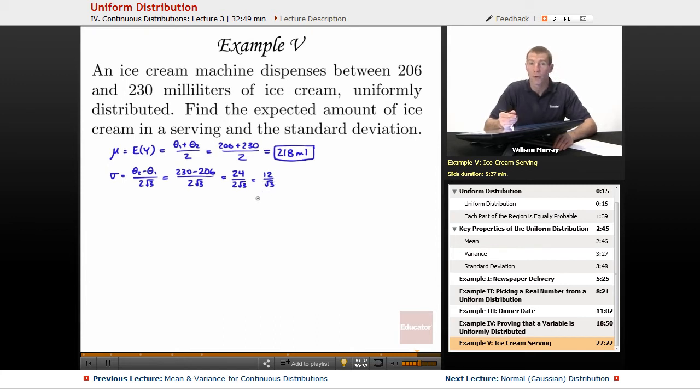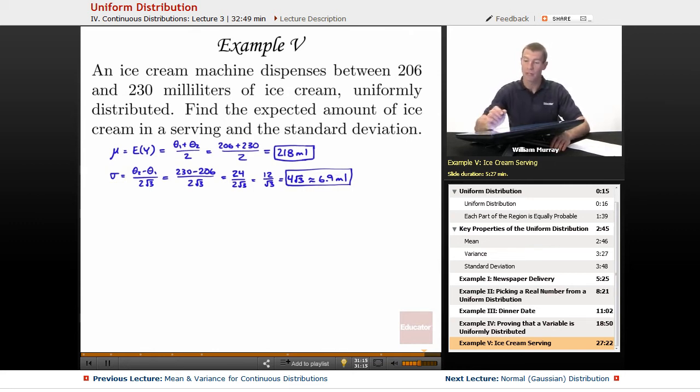And since 12 is 4 times 3, this just gives us 4 times the square root of 3, which I put into a calculator. It works out to be just a little bit less than 7 milliliters. It's about 6.9 milliliters. So if you fill up your bowl at this ice cream machine, you expect on average to get about 218 milliliters, and the standard deviation on that will be 6.9 milliliters, about 7 milliliters plus or minus from 218.